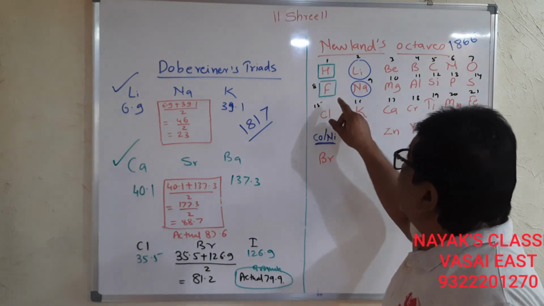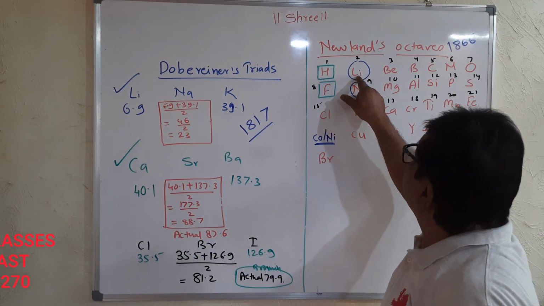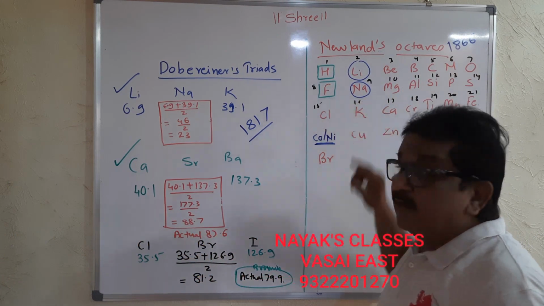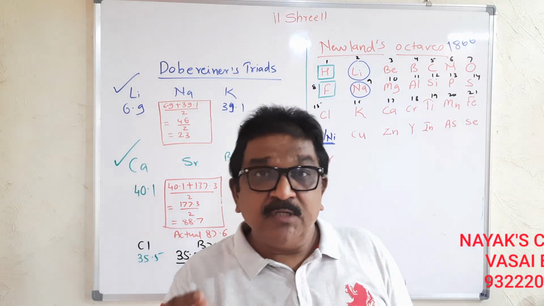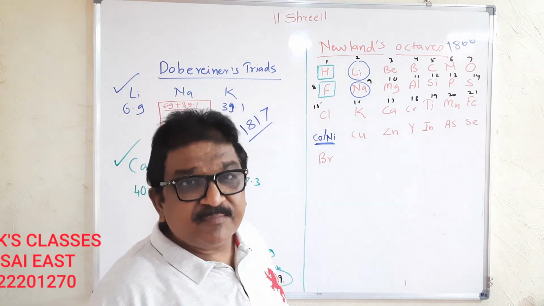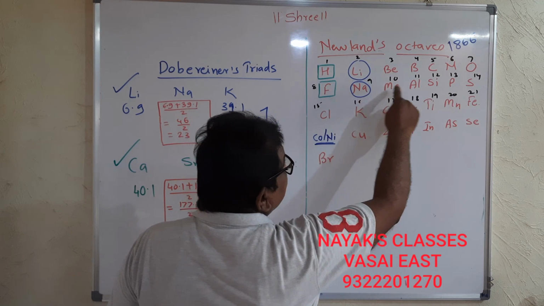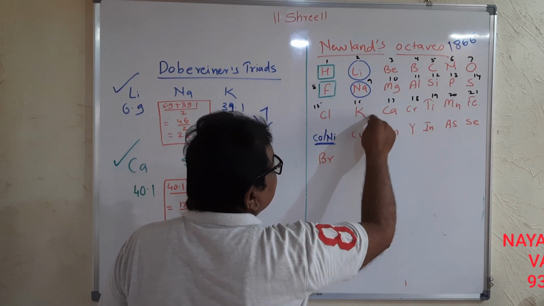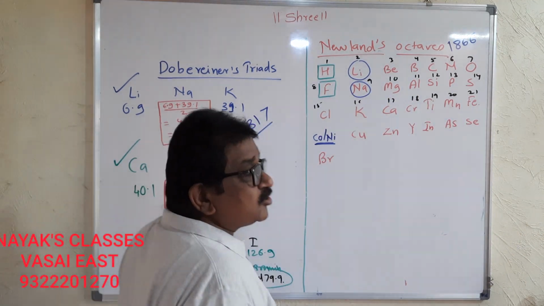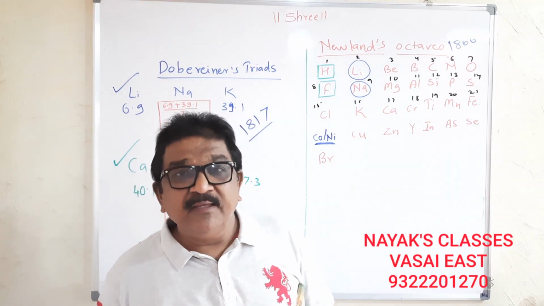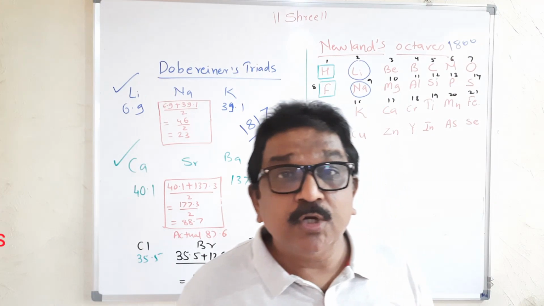So after lithium, 1, 2, 3, 4, 5, 6, 7, 8, sodium is giving similar properties. After sodium, you go to the eighth element, potassium is giving the same properties. This was the attempt made by the English scientist Newlands.